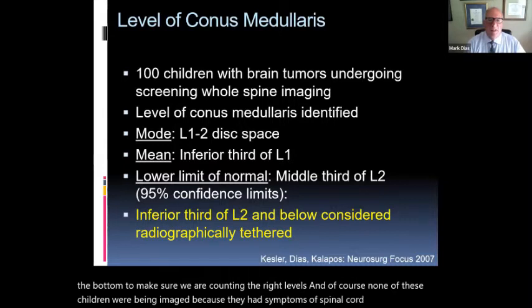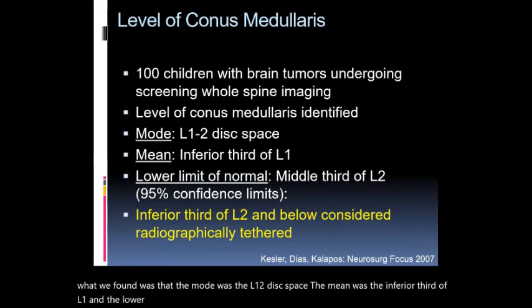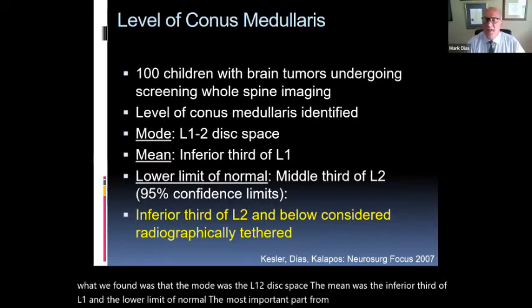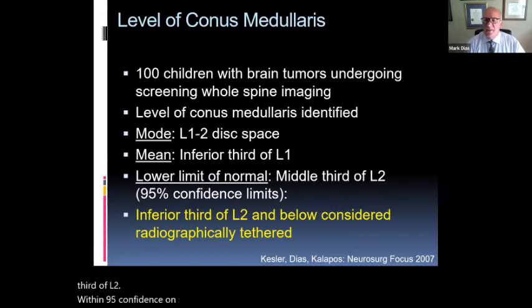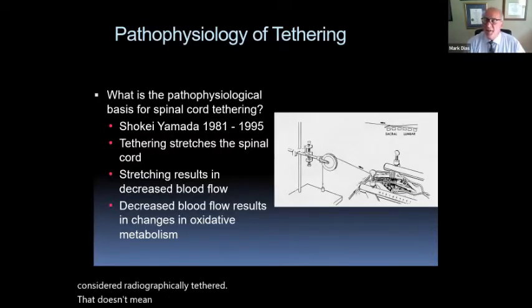And so what we found was that the mode was the L1-2 disc, the mean was the inferior third of L1, and the lower limit of normal, the most important part for our discussion, is the middle third of L2 within 95% confidence limit. So anything below that level, that middle third of L2, should be considered radiographically tethered. That doesn't mean they're symptomatic, but at least radiographically, they're outside the norm.